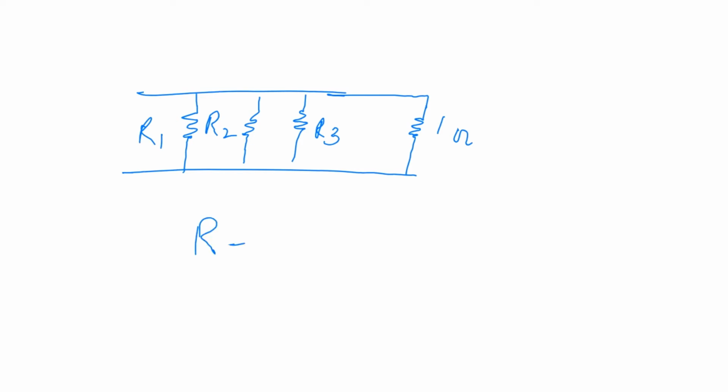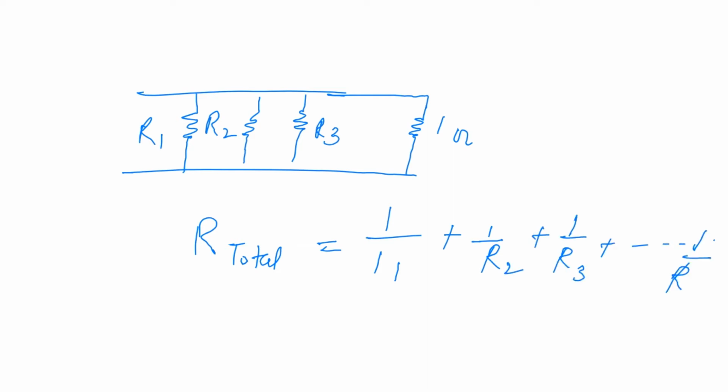Calculate right here: 1 upon R1 plus 1 upon R2 plus 1 upon R3 plus up to 1 upon Rn. So in this manner, we can find out the parallel resistance.